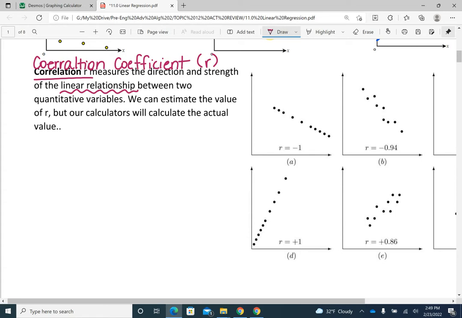And what we're looking for in a super strong relationship is that the absolute value of R be close to 1. That means strong relationship.